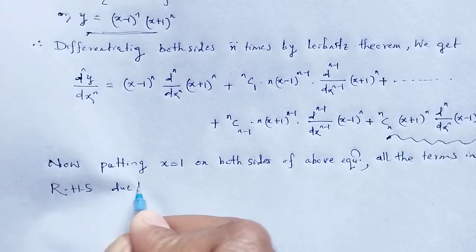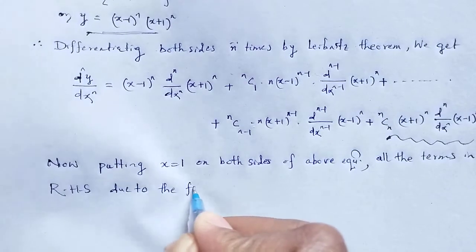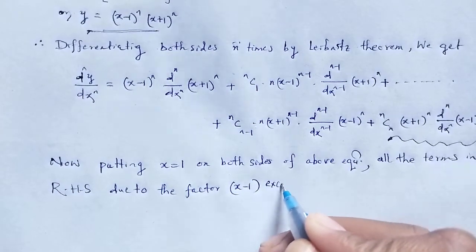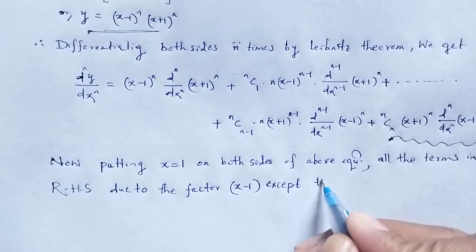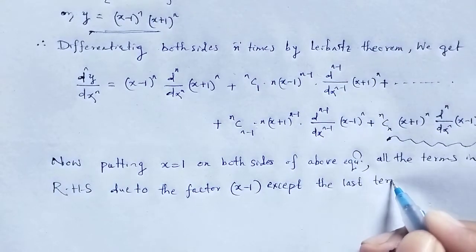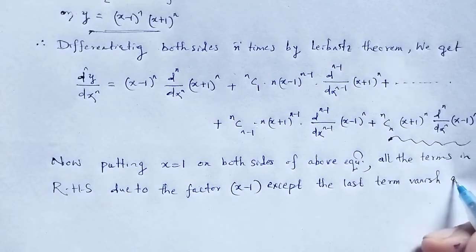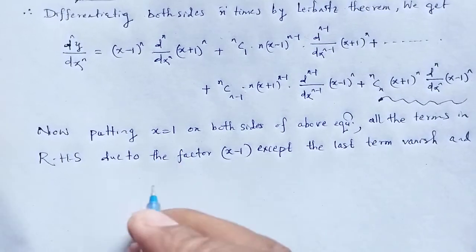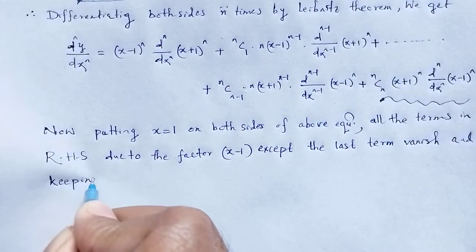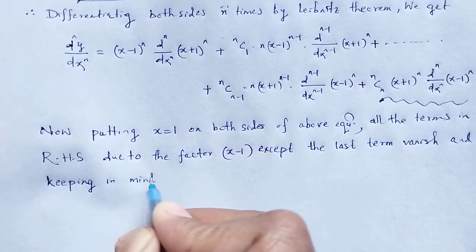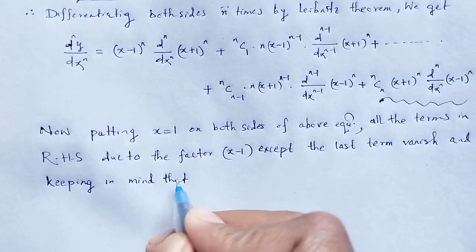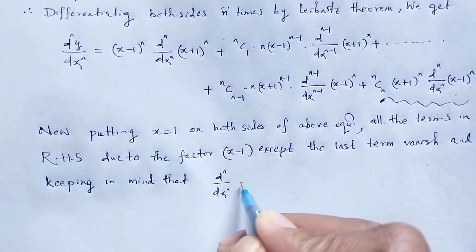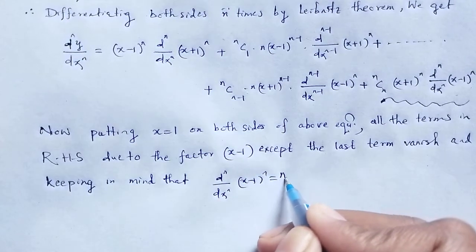On the RHS, due to the factor x minus 1, except the last term, all terms vanish, keeping in mind that the differentiation d^n/dx^n of (x-1)^n is equal to n factorial.